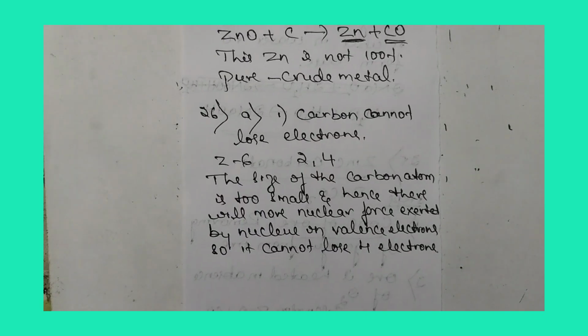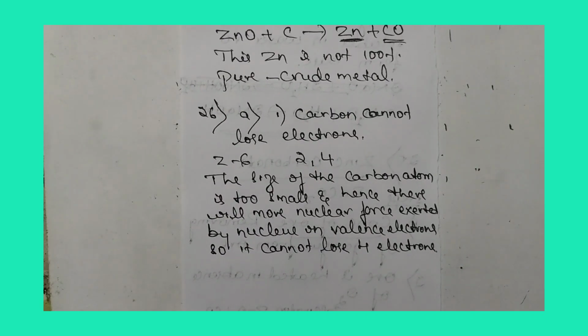So the size of the carbon atom is very small. That means the valence electrons are very close to the nucleus, and hence more nuclear force is exerted by the nucleus on valence electrons. Therefore it cannot lose 4 electrons.